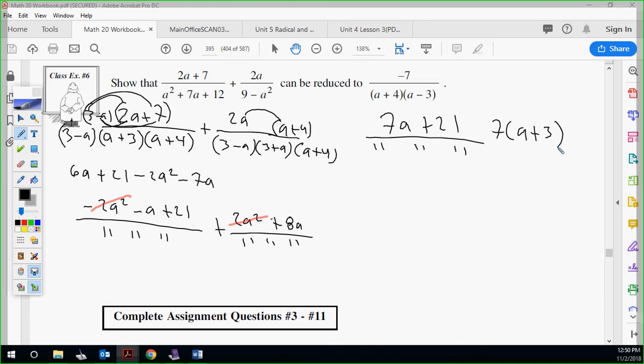Now my bottom, though, we're going to see if we can piece this together. This is where we get confused in our previous lessons I've done with the classes. So we clearly see why there's only a 7 on top, right? You guys see that? This a plus 3 goes away. But they have a negative 7. I don't have a negative 7.